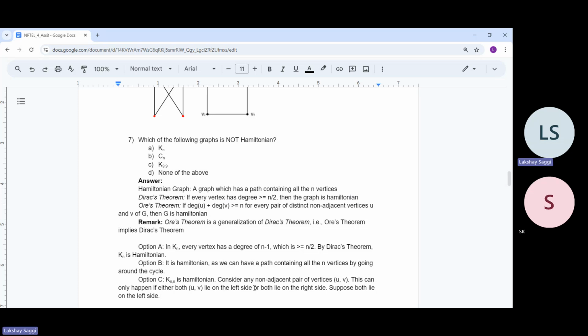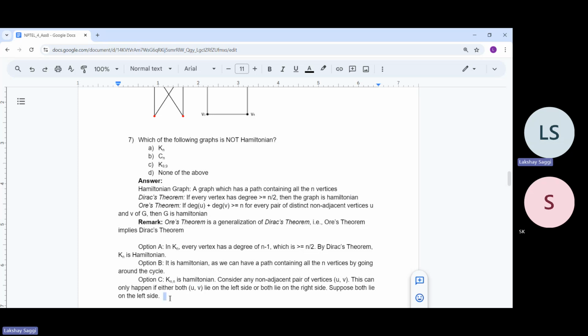Then what are the degrees of u and v? If a vertex lies on the left side, then it has edges to all the vertices on the right side. There are n vertices on the right side, and any left side vertex will have an edge to all of these n vertices. So degree of u will be n. Similarly, degree of v will be n.